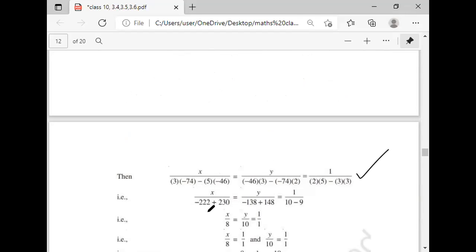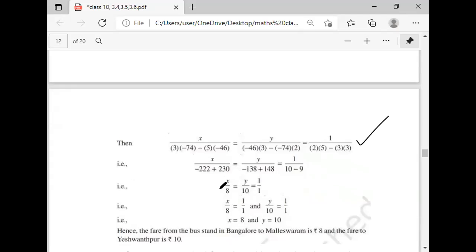Then we can see that 3 into minus 74 will give you minus 222, plus 230, is equal to y divided by minus 138 plus 148, which is equal to 1 divided by 10 minus 9. And you can see that x by 8 is equal to y by 10 is equal to 1 by 1. Our aim is to find x and y.